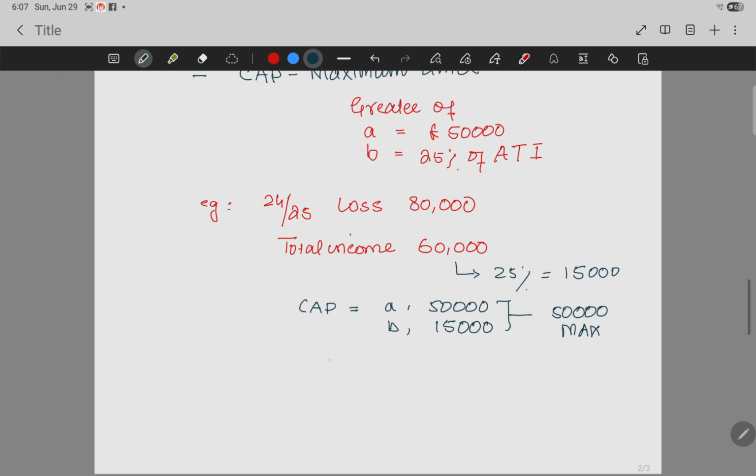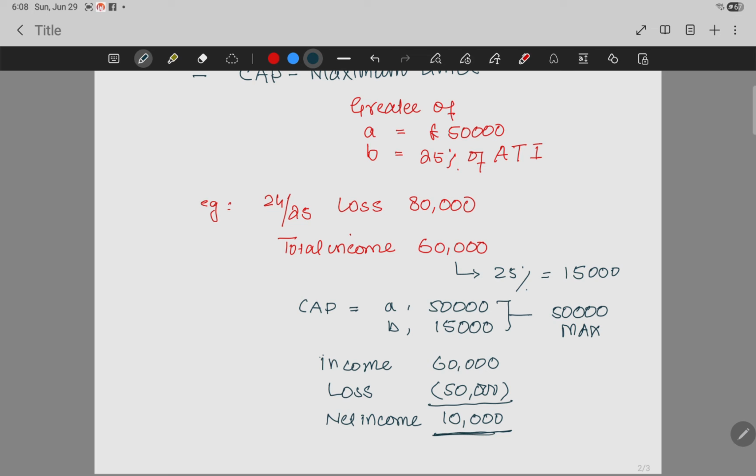So we have income available in the current year of 60,000, and if you want to opt for this, we can deduct only 50,000 out of 80,000, not 60,000, and after this there will be net income of 10,000 available. So this is the concept of cap against current year.